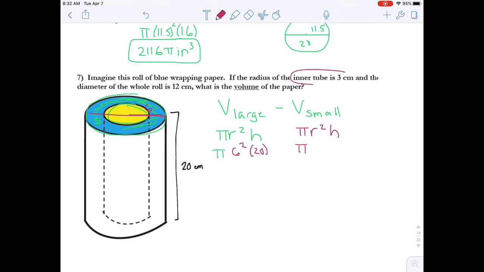They told us r in there, the inner tube was 3 centimeters. It has the same height of 20. So on the left side, we get 6 squared, so 36 times 20, which is 720 pi. The other side, I get 3 squared, which is 9, times 20, which is 180 pi.